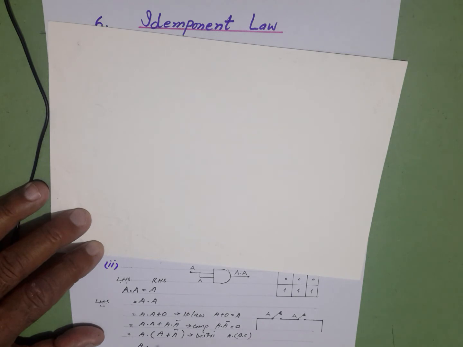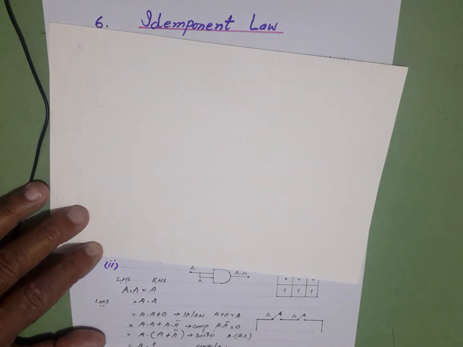And further, this can be written as A into 1. What is this? This is nothing but complement law. This can be further written as A, and this is identity law.